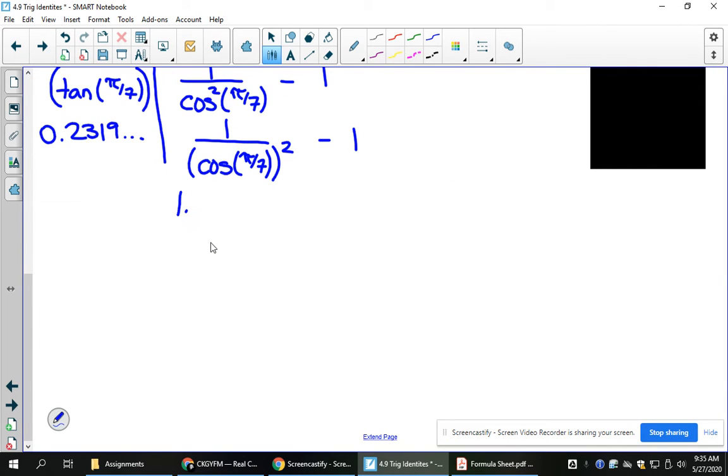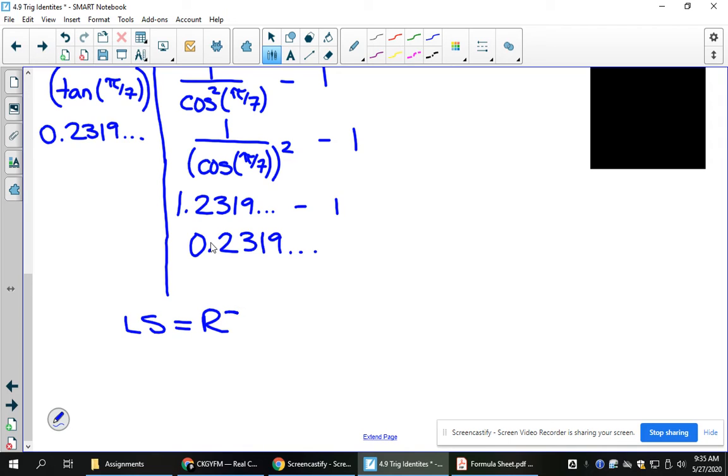So this was 1.2319. And then when I minused 1 from it, let me just pull my t-chart down here. I got 0.2319. So we can see now left side equals right side. So our proof for pi by 7 at least is done.